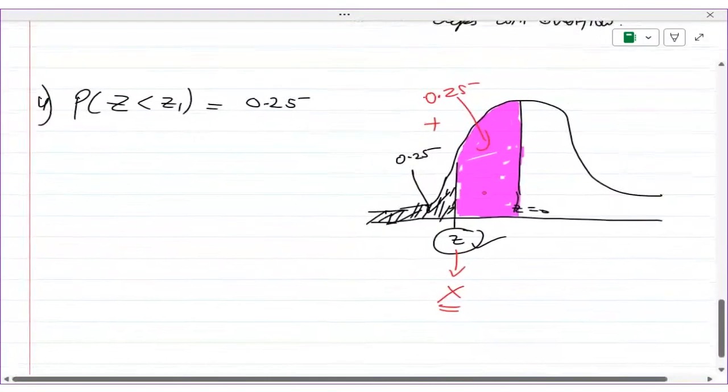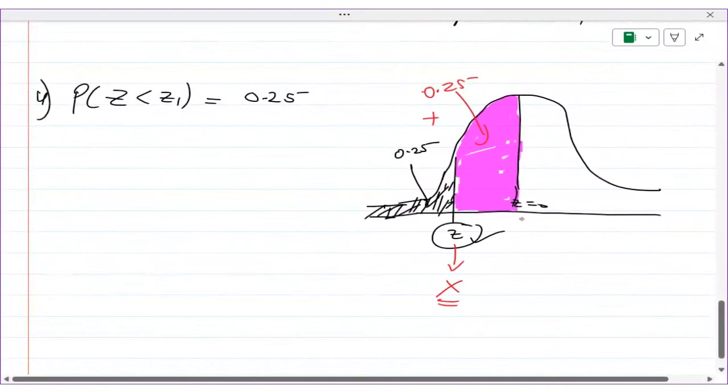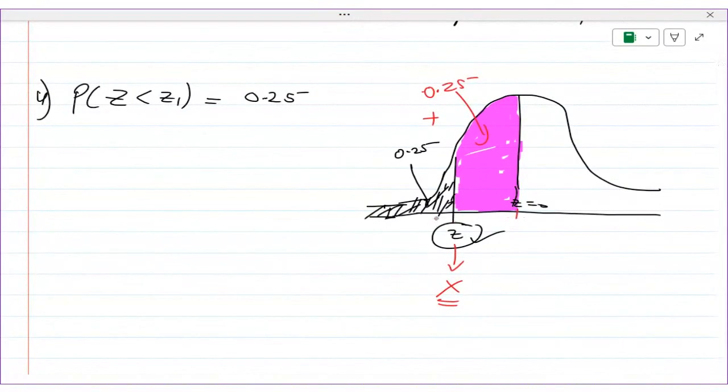If a table is not given to us, the value may be given in a different way. We are always given the value between 0 and this z. If this point is minus z, then on this side we will have plus z, exactly opposite. Now use the symmetry.